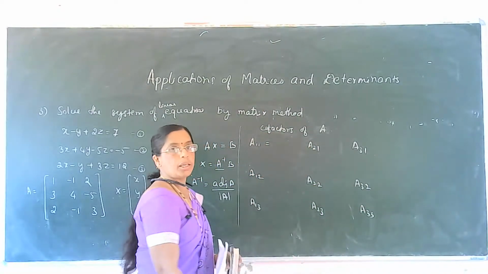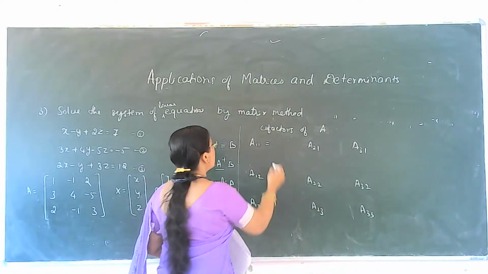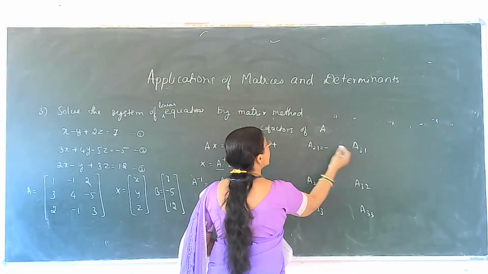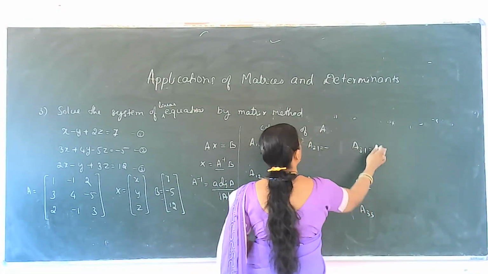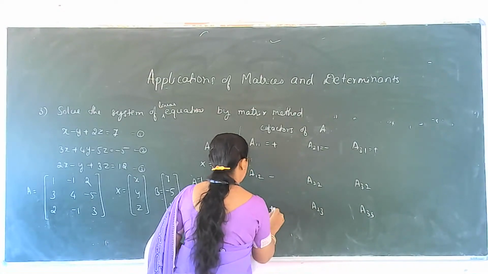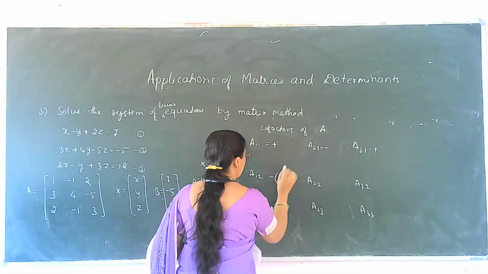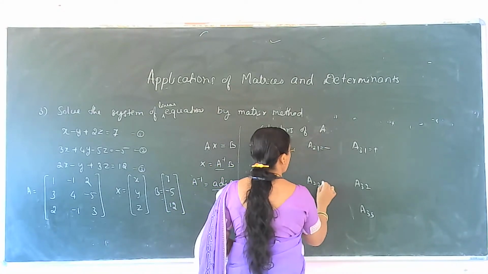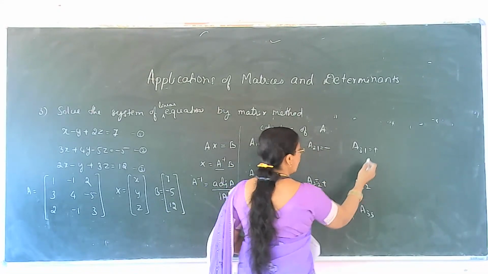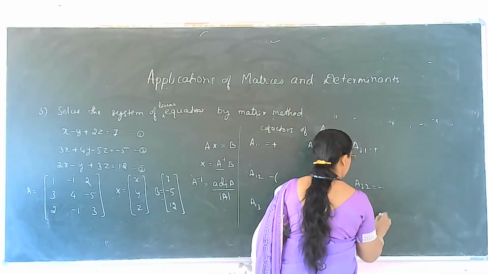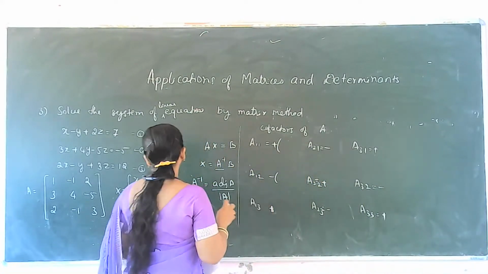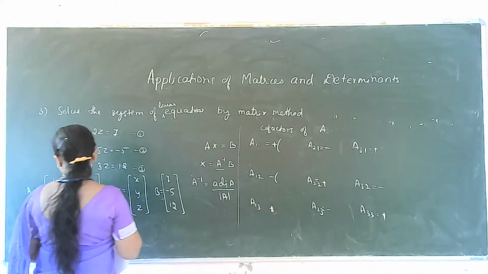There are 9 elements for which we have to find the cofactors. The sign pattern: first row plus, minus, plus; second row minus, plus, minus; third row plus, minus, plus.